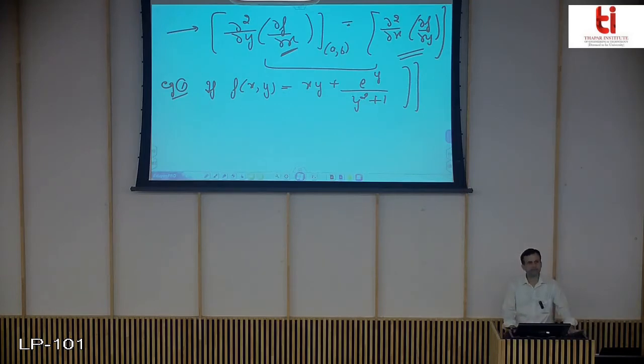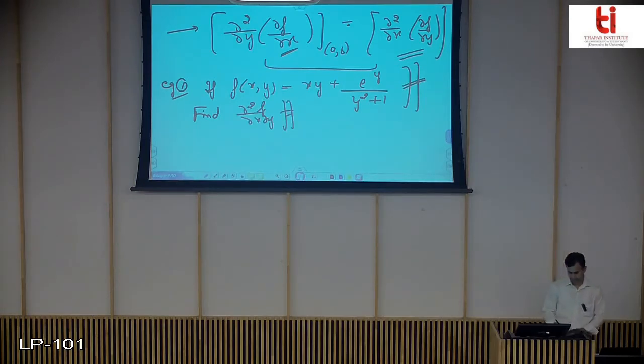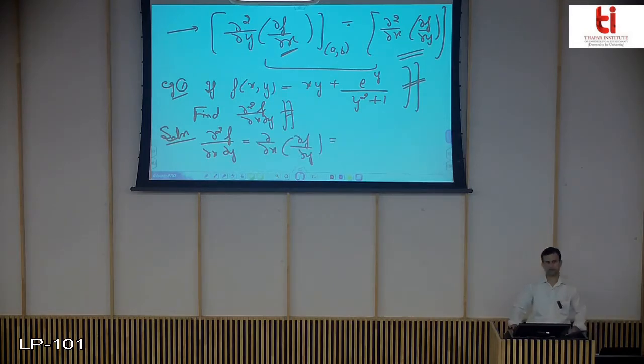Say you have a function f(x,y) equal to xy plus e^y upon y square plus 1. Now you are asked to find del square f by del x del y. You can see this is basically this thing. Now the derivative with respect to y is x from the first term, and from the second term it is (y square plus 1) e^y minus e^y times 2y, upon (y square plus 1) the whole square.